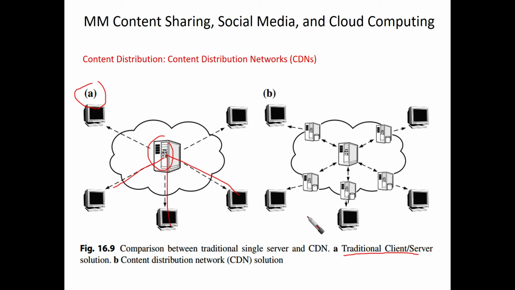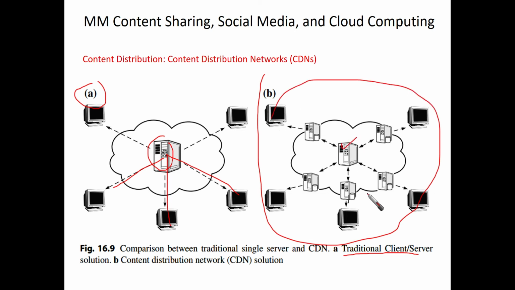But in the CDN model, the content distribution solution is this one. You see, this is our original server, and then the data is copied to this server, this server and this server. So we can say these servers themselves constitute a distribution network.